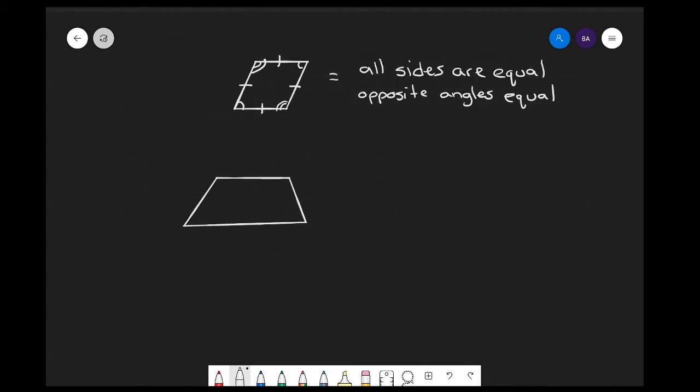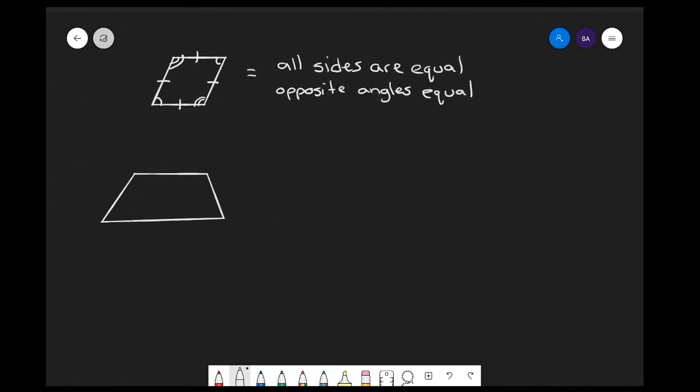And in order to be classified a trapezoid, it needs to have one pair of lines that run parallel. So parallel means that they run in the same direction. So these two lines run parallel, but almost all of my sides, especially with this trapezoid here, are a different length. So my angles can be different, my side lengths can be different.